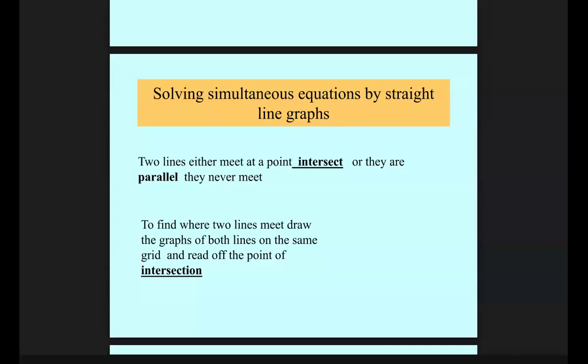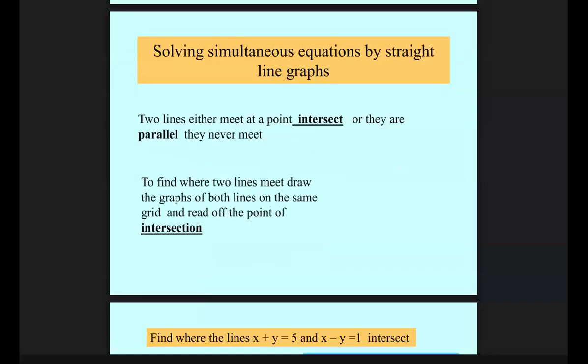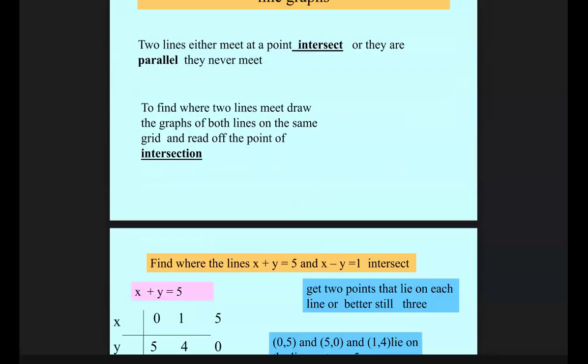Solving simultaneous equations by straight line graph. Two lines either meet at a point, intersect, or they are parallel and never meet. To find where two lines meet, draw a graph of both lines on the same grid and read off the point of intersection.